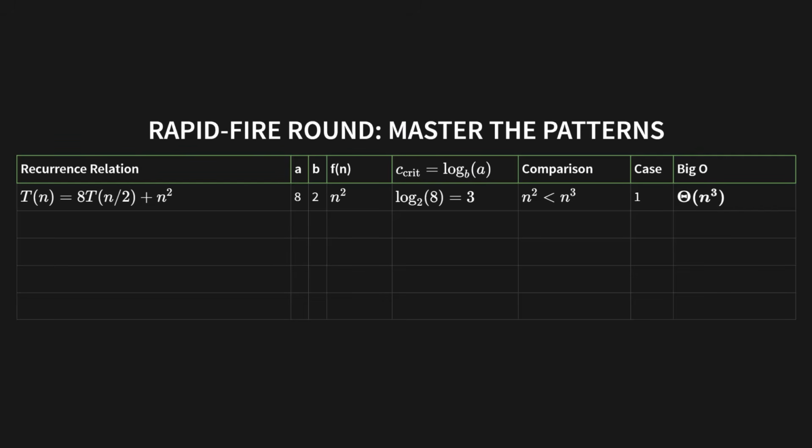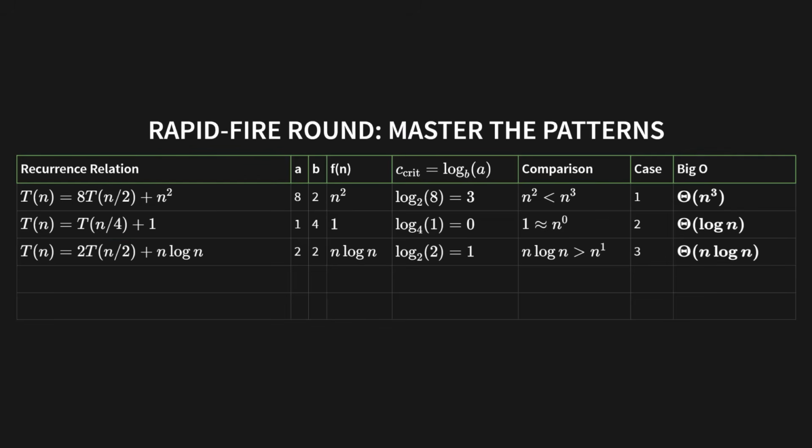Second row. T(n) equals T(n/4) plus 1. a is 1, b is 4, f(n) is 1. c crit is log base 4 of 1, which is 0. We compare 1 to n to the 0, which is also 1. That means it's case 2. The answer is theta of log n.